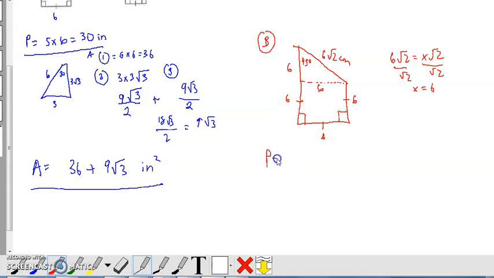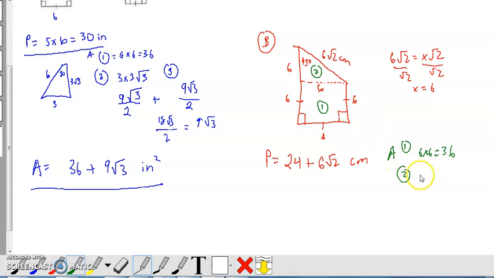So in order to find my perimeter, I have 1, 2, 3, 4 6's. So that'll be 24 plus this hypotenuse. So 6 root 2 centimeters. Okay, my area. So my area for number 1 and number 2. So area for number 1 would be 6 times 6, which gives you 36.